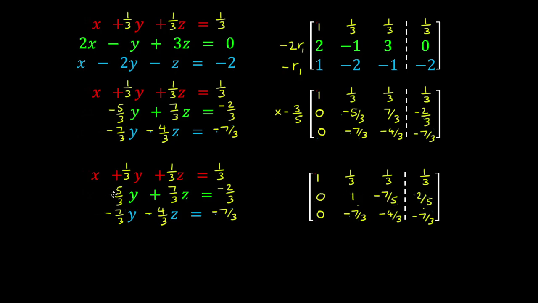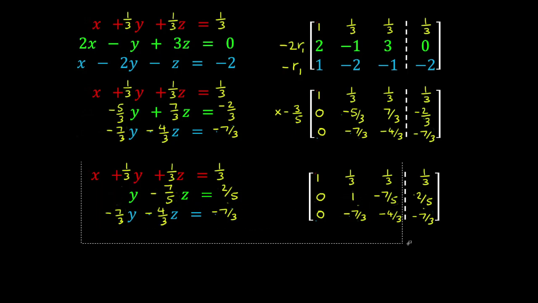So consequently, our second equation is modified as follows. So we have y being isolated, minus 7 on 5 by z is equal to 2/5. And now we copy this again.